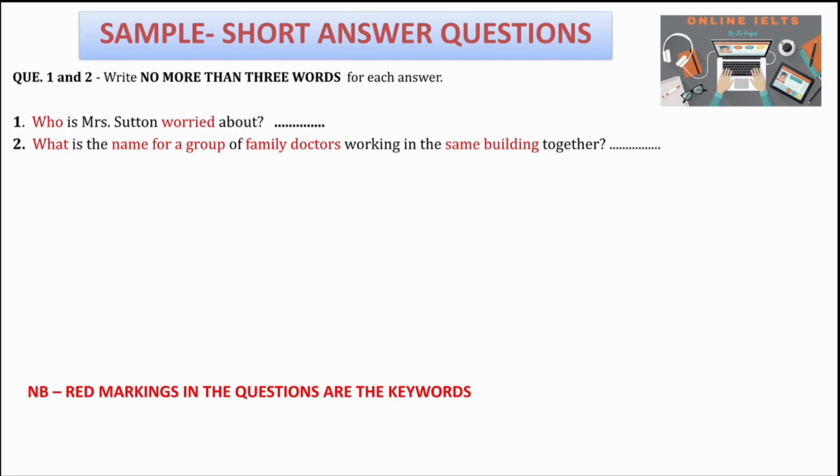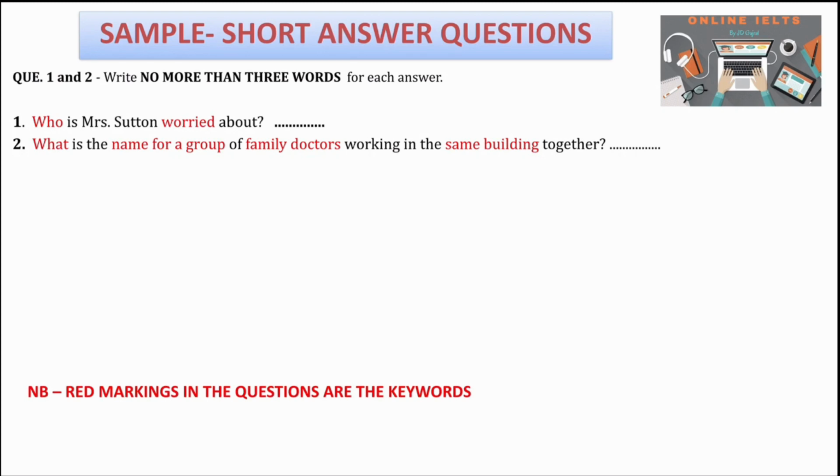I just don't know how the health system works here in England. All I know is that it's very different from ours back in Canada. Well, I don't know really where to start. Let me think. Well, the first thing you have to do is find a family doctor. Sometimes we call them general practitioners as well, and register with him or her.